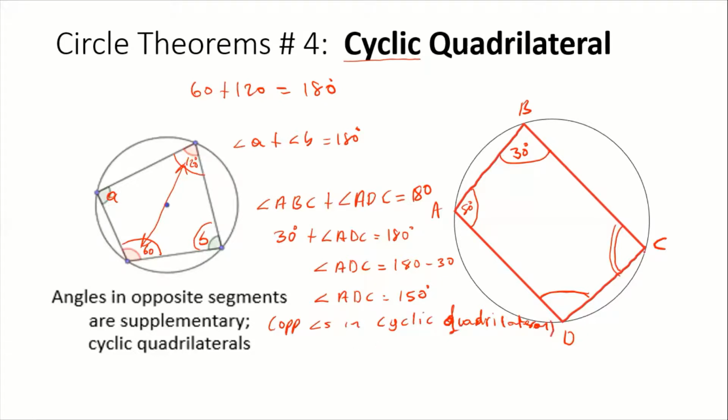Now, to determine angle C, it's the same approach. We start off with what we know. We know the angle at A. Using the endpoints, this angle is just BAD.